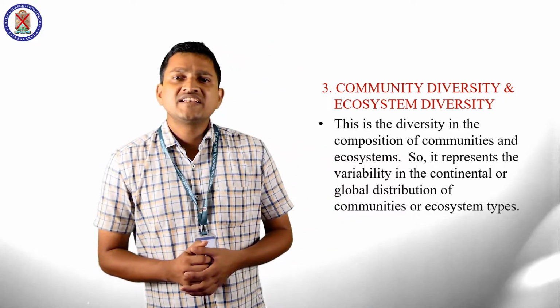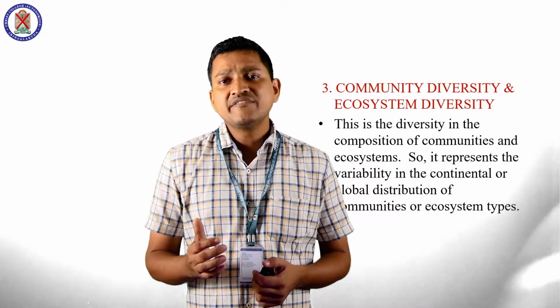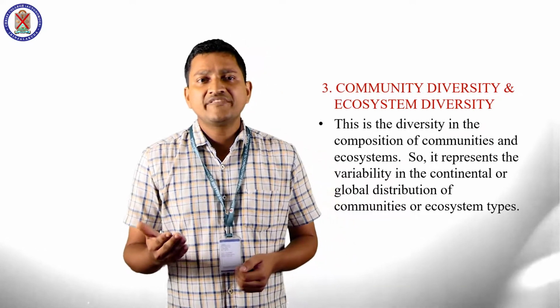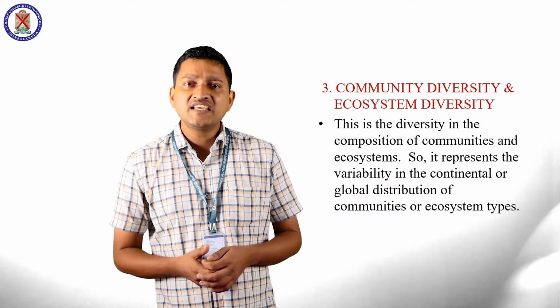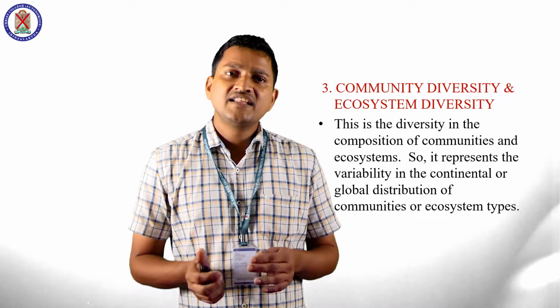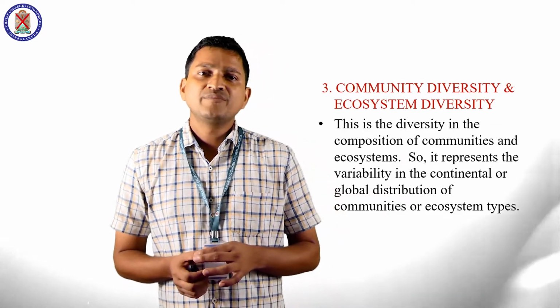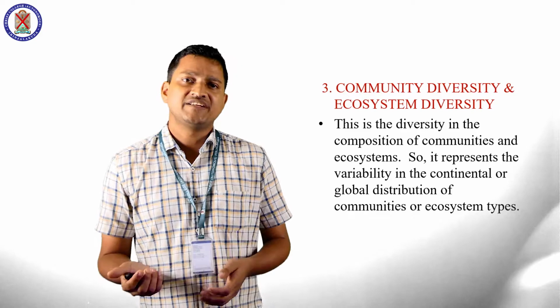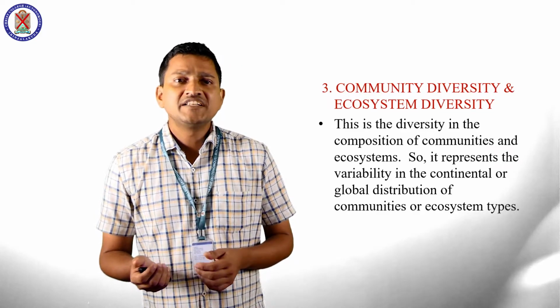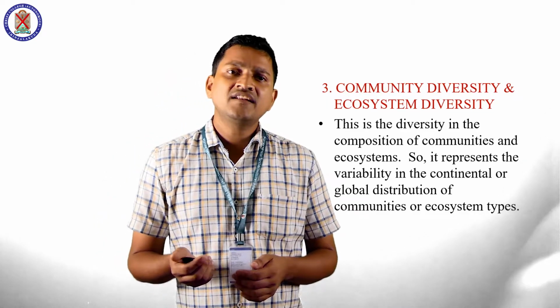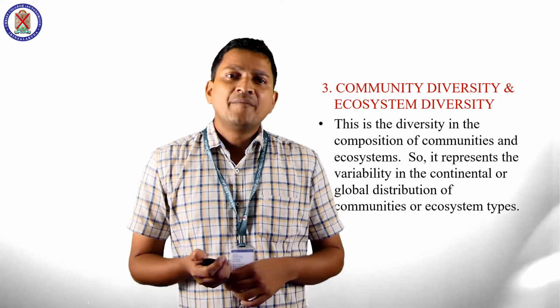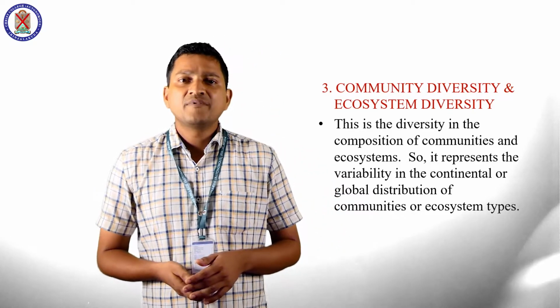Next is species evenness. Species evenness is defined as the equitability or uniformity in the number and distribution of the members of different species. It is maximum when all the species in a community have approximately the same number of individuals.